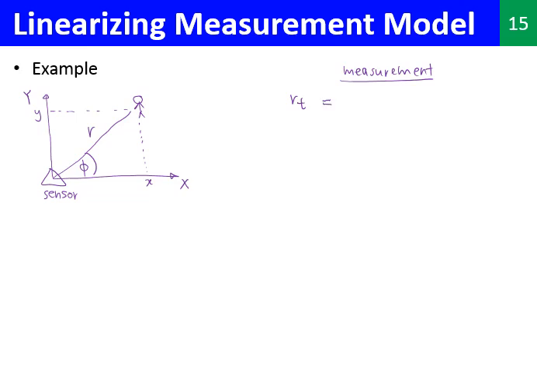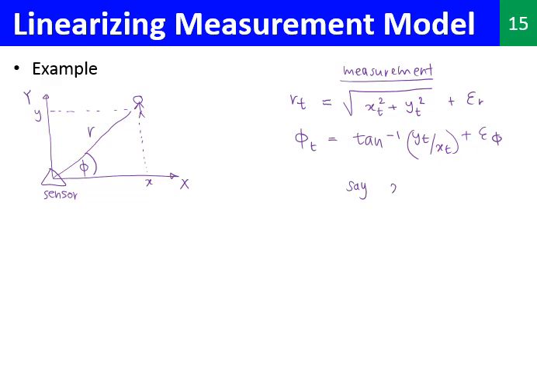In terms of state we can write the relationships. So the range rt would be equal to the square root of xt squared plus yt squared plus some noise component, then the bearing phi t equals tan inverse of yt over xt plus noise. Here our state, we have assumed, is xt and yt for this example.